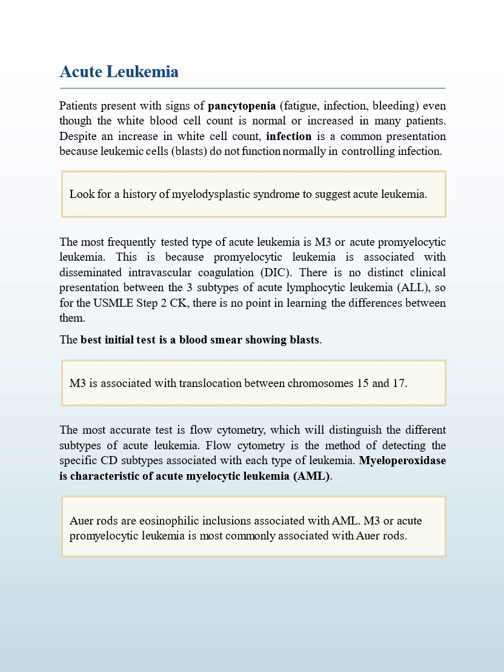The most accurate test is flow cytometry, which distinguishes different subtypes of acute leukemia. Flow cytometry is a method which detects specific CD subtypes associated with each type of leukemia.